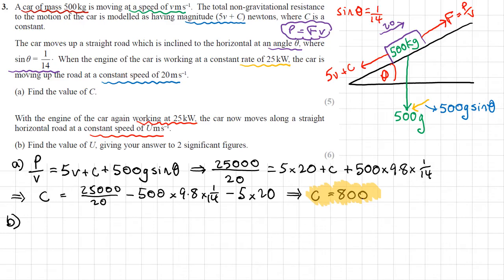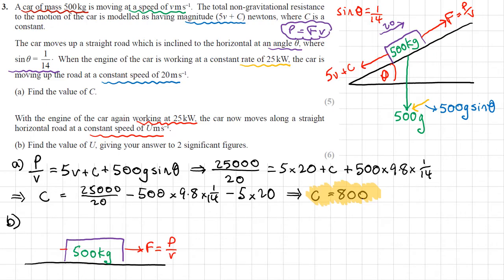So let me do a diagram for this question. Here's my horizontal road, here's my car, same mass, 500 kg. Its tractive force is P over V, the velocity that it's travelling at.